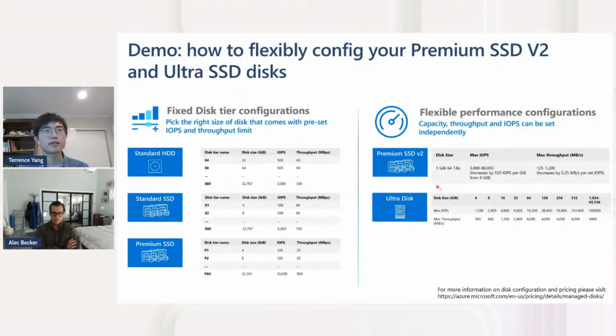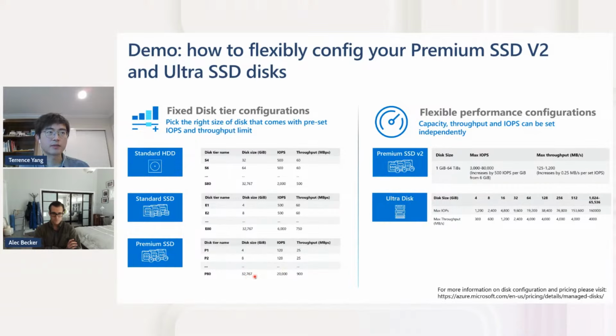One good thing about premium SSD V2 flexible configuration is you no longer need to over-provision on a very big capacity to get the IOPS and throughput performance you need. For example, if you need 20K IOPS, for premium SSD, you have to provision a P80 disk with 32 terabyte size.